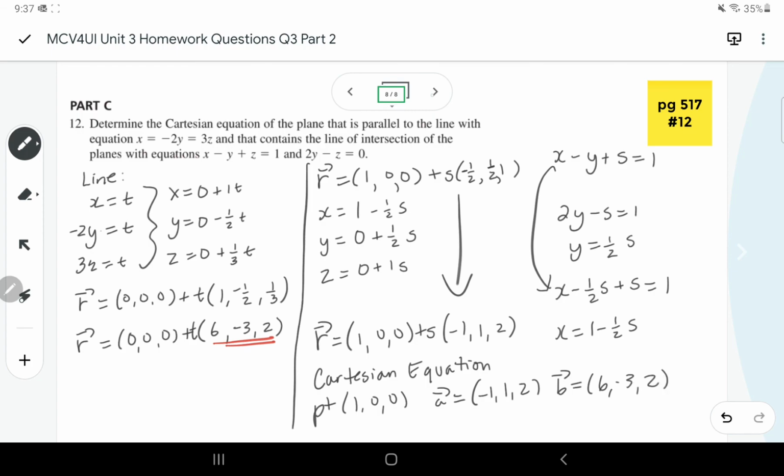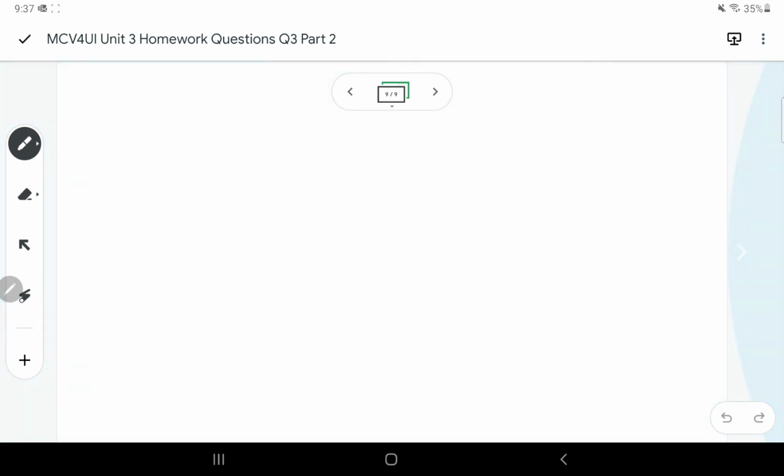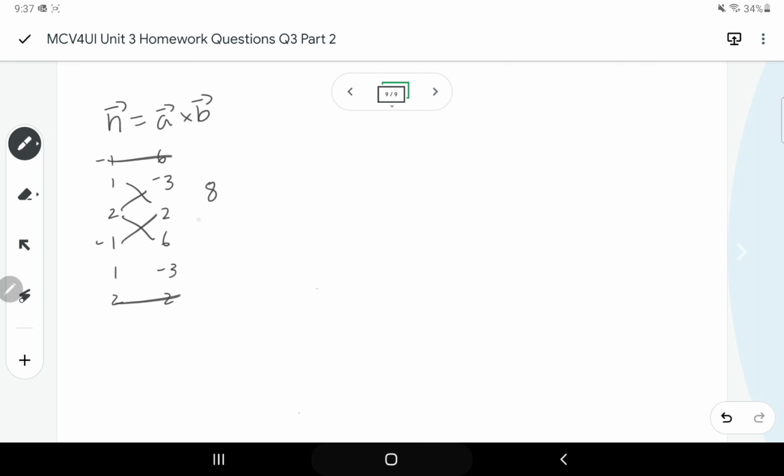So I can go on to the next slide, and we'll find the normal, which is A cross B, and we'll do the cross product here. 2 minus -6 is 2 plus 6 is 8. Then 12 minus -2, which is plus 2, so 14. And +3 minus 6 is -3. So my normal is 8, 14, -3.